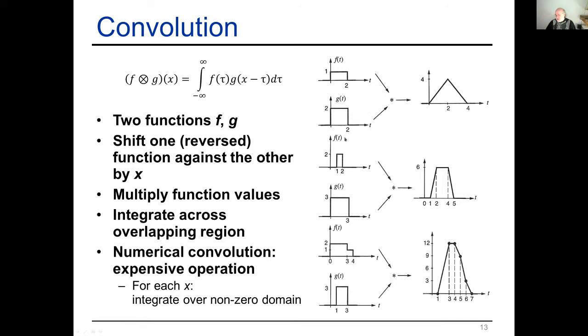It's only non-zero if these rectangles start overlapping. They have the same width, so at the top where they fully overlap, you have this maximum value, which is width 2 and height 2. So this is obviously 4, and when they start overlapping, this linearly increases.